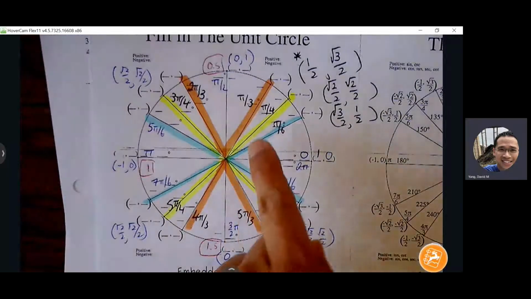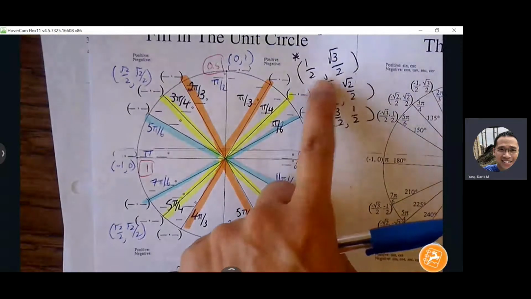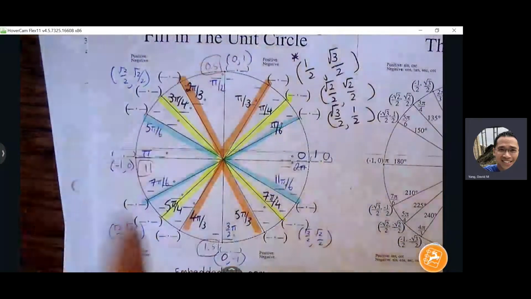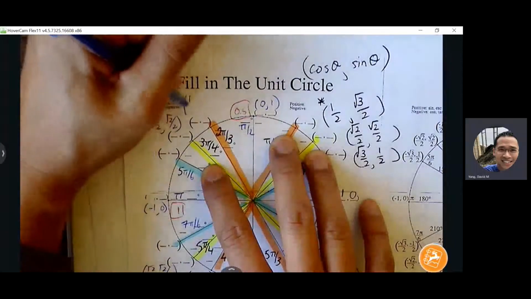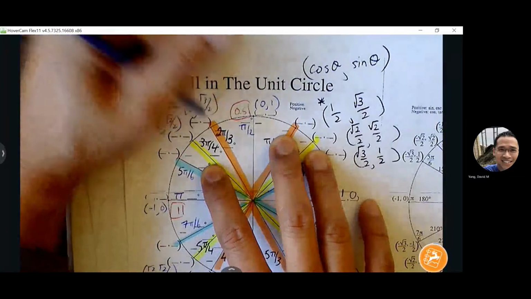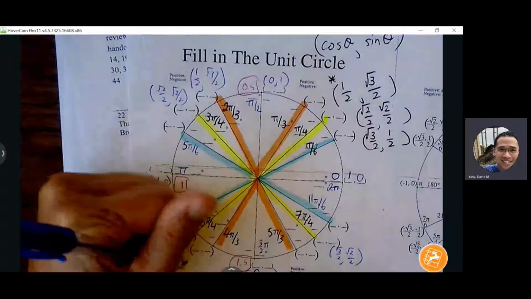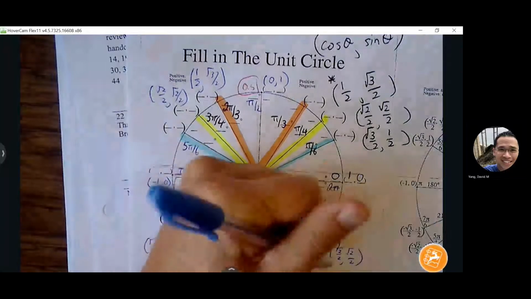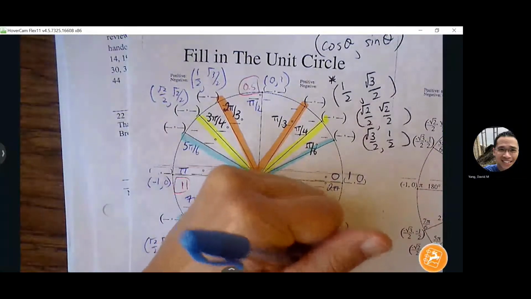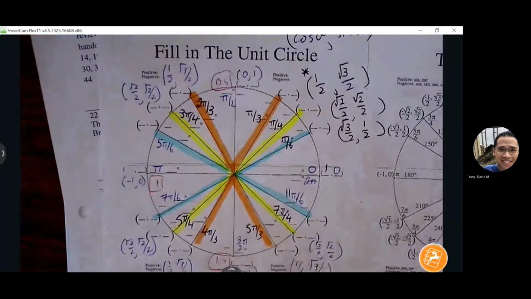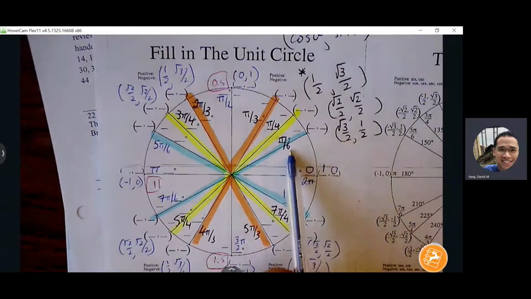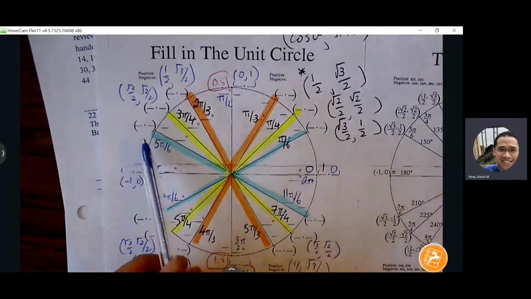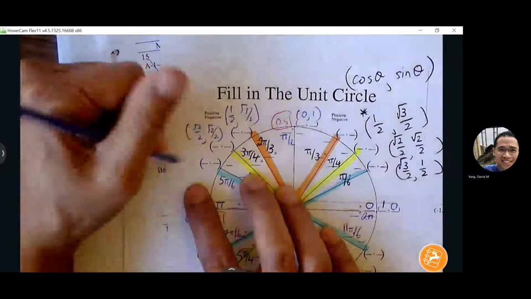Anything with a 3 in the denominator will have ordered pair 1/2, root 3 over 2. So anytime I see a 3 in the denominator, I'll just copy that ordered pair over. Any radian measure with a 6 in the denominator will all have root 3 over 2, 1/2. So I'll copy that over. Anything with a 6 in the denominator.